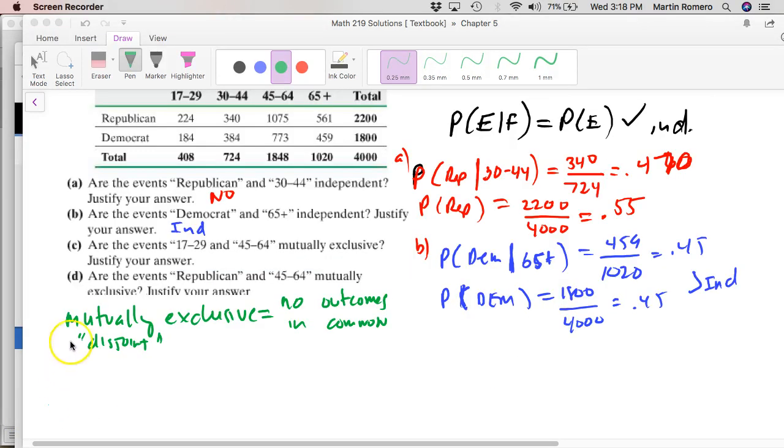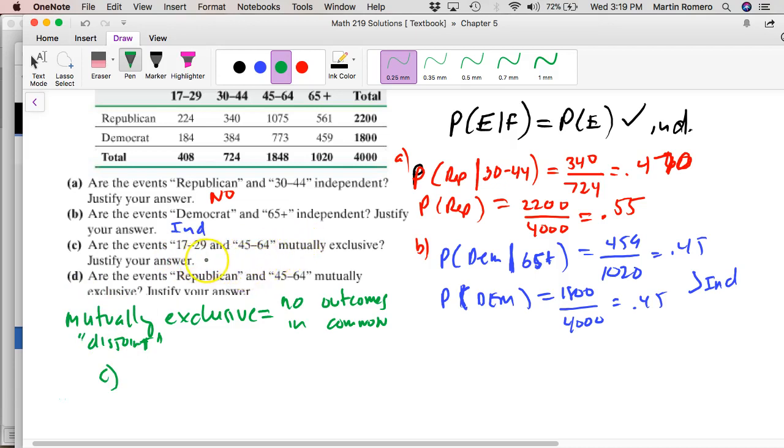Okay, let's go ahead and answer C and D. In order to answer C and D, we need to remember what mutually exclusive means. Another word for that was disjoint. And that means there's no outcomes in common, that there's no way that those events can happen at the same time. That's different than independent. And so for C, can someone be 17 to 29 and 45 to 64 at the same time?